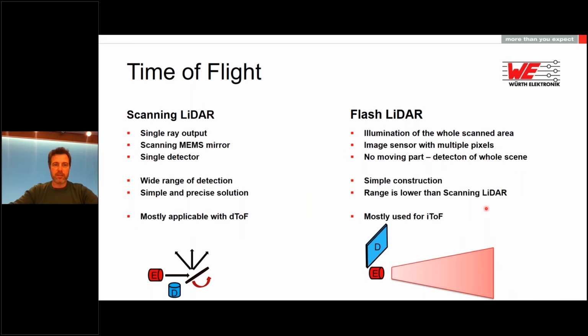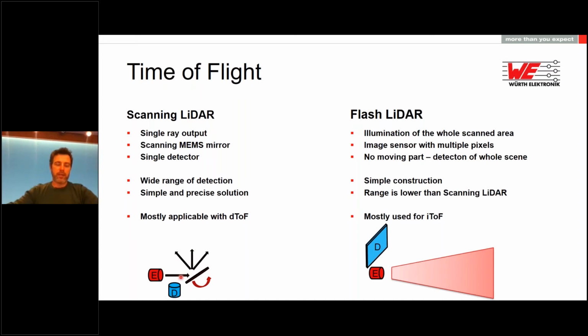To better understand this, I have also included two of the main components, or how the time of flight is working. One of them is the so-called scanning lidar system, where we have a single ray output and a scanning mirror which rotates and sends beams in each direction.